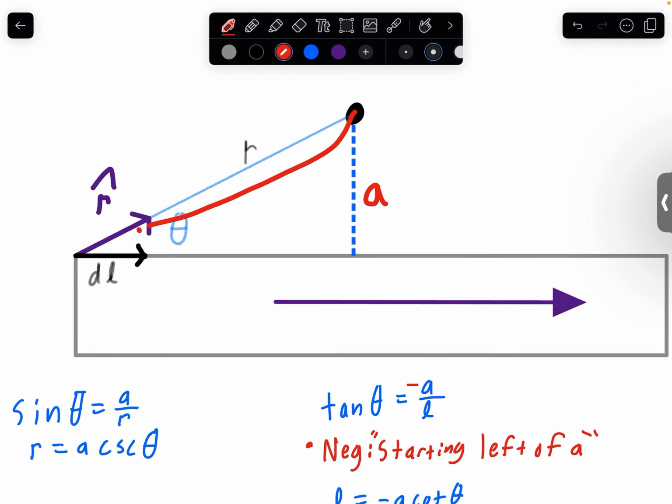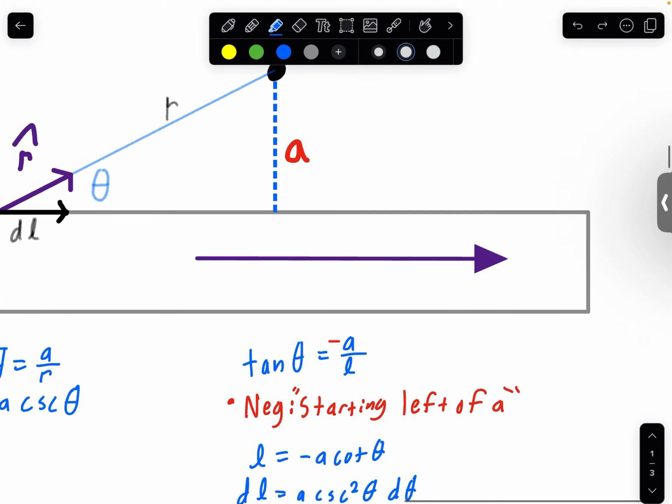It's like a decreasing triangle, so negative for that. And eventually it will be positive because that angle will grow. Does that make sense? I hope so. The length decreases as we go on, and then increases.